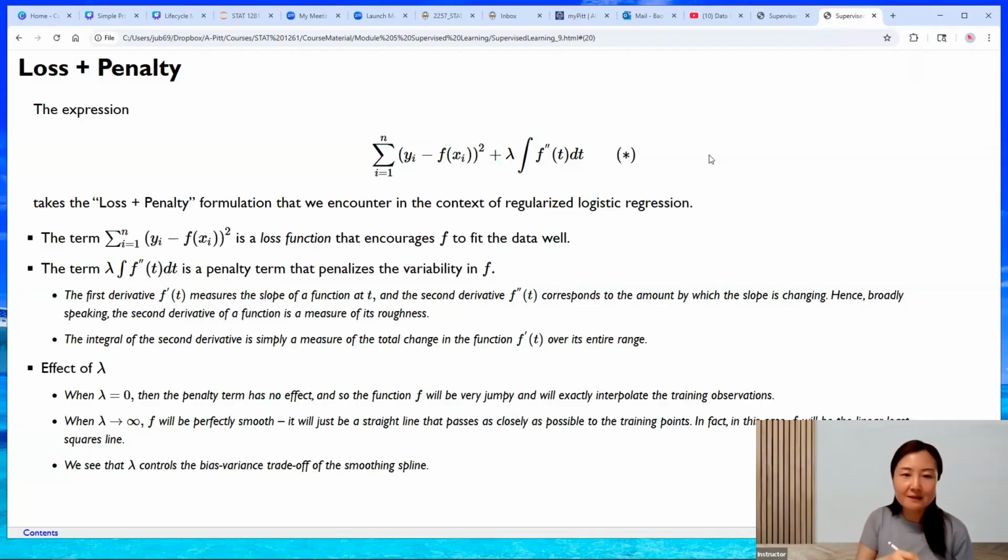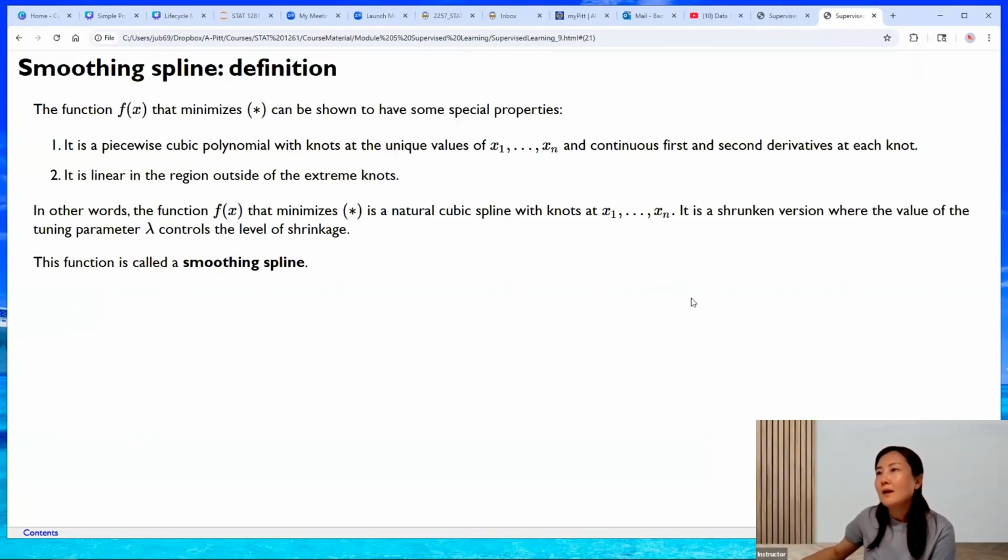No wiggliness is allowed if lambda is approaching infinity. And so lambda is apparently a hyperparameter that controls the bias-variance trade-off of the smoothing spline.